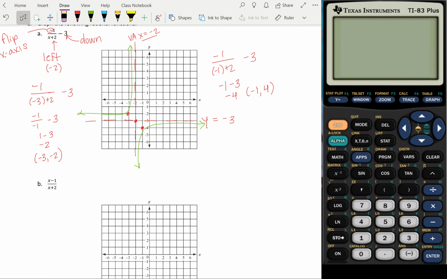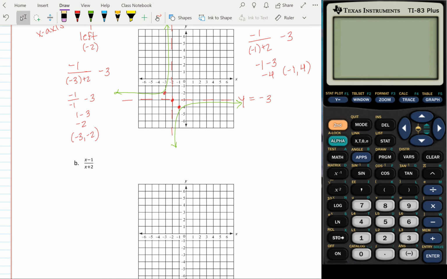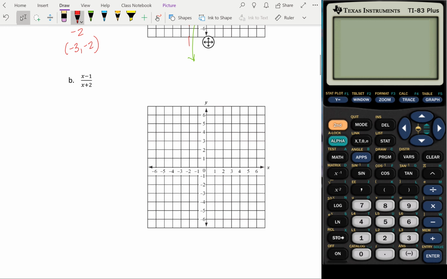All right, for problems like B, where I'm just given my rational expression, I'm going to work them exactly like I did in previous weeks. I know my vertical asymptote is controlled by my denominator. So I'm going to do x plus 2 equals 0. I solve it and I get x equals negative 2. So I will have a line at negative 2.